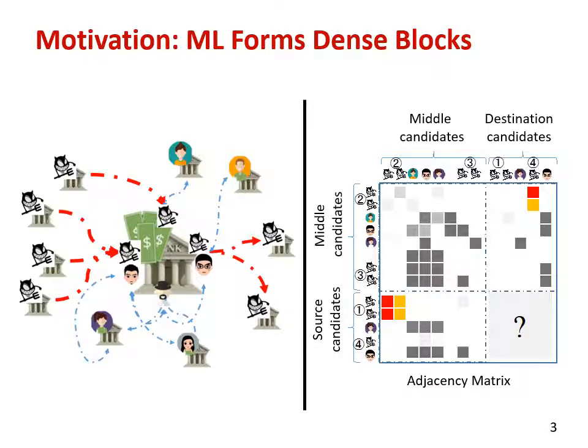In money laundering activities, a high volume of funds needs to be transferred from source to destination accounts with a limited number of middle accounts. Therefore, it will create dense blocks in the transaction network, and we will use candidate to denote a collection of accounts that may be involved in money laundering.